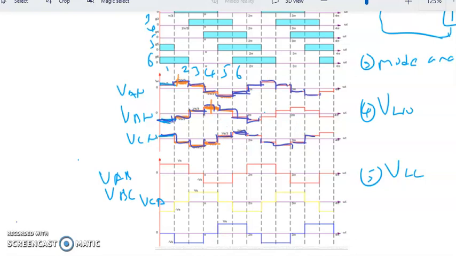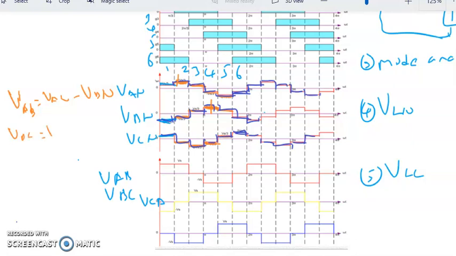So for V line to line, VAB is equal to VAN minus VBN. So VAN here minus VBN, we shall get VAB. Same goes to VBC.